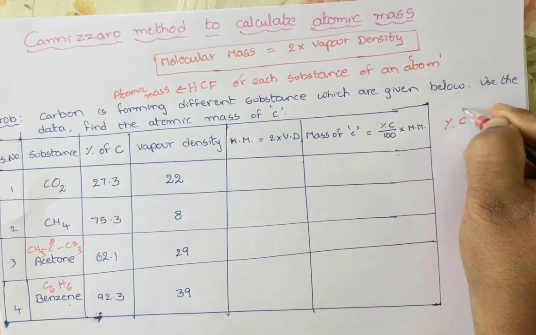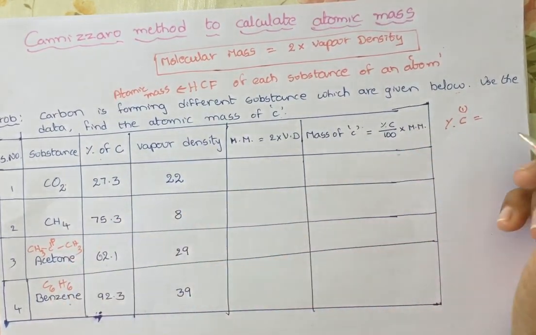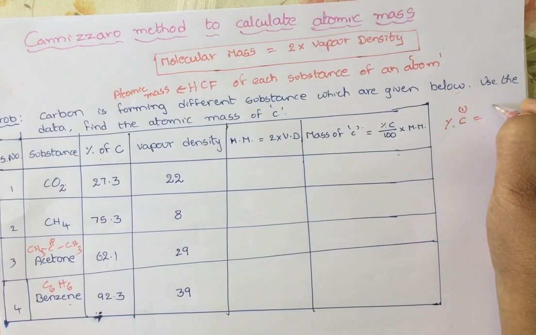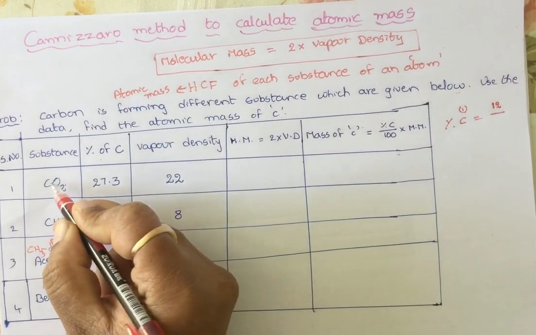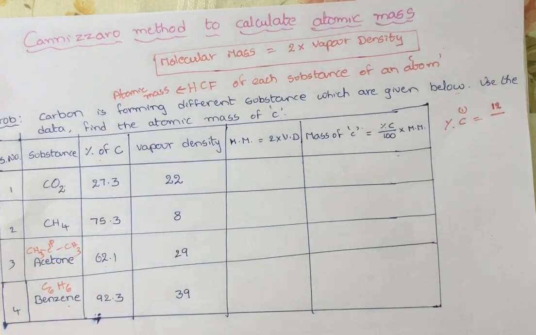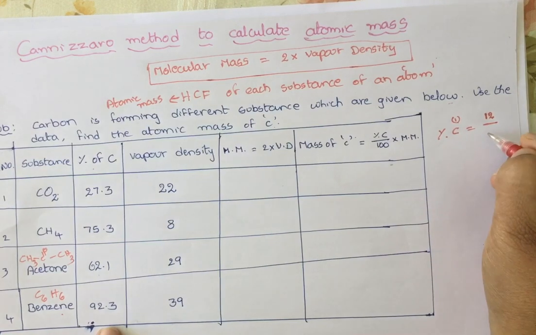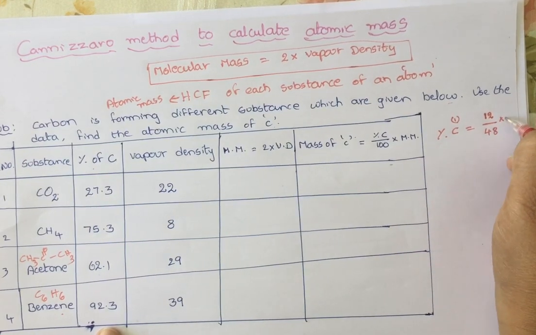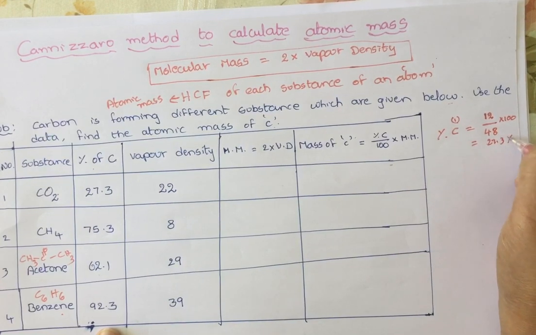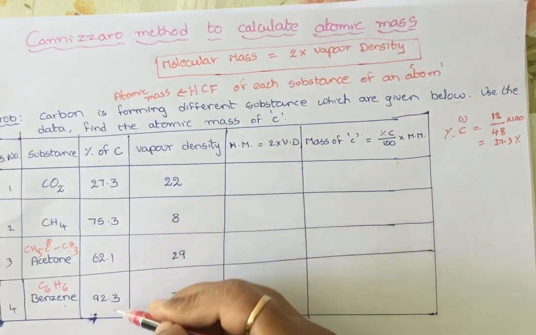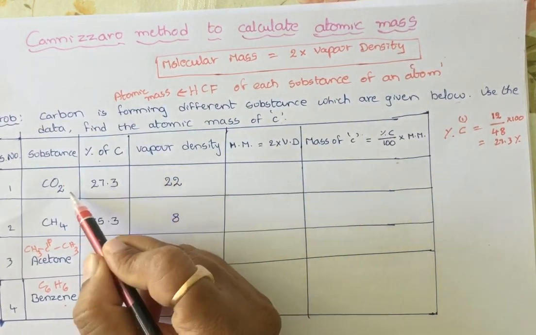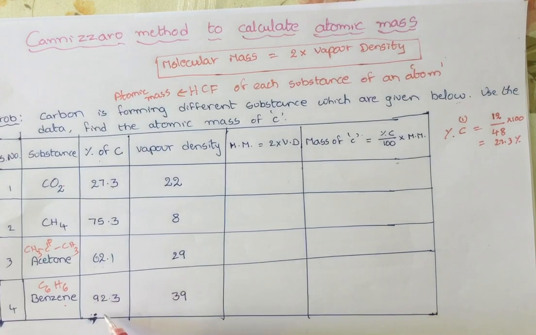Percentage of carbon in the first compound, carbon dioxide: weight of the carbon divided by total weight of the substance, 12 plus 32, that is 12 over 48, multiplied by 100, which equals 27.3%. In this way you can calculate the percentage of carbon, but here they gave it already: the percentage of carbon in carbon dioxide, methane, acetone, and benzene.